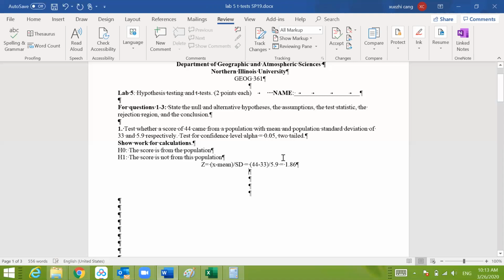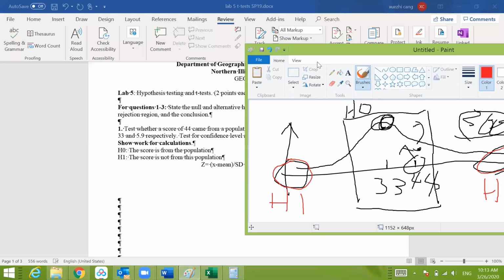Okay. Then we see what the confidence level alpha is. The alpha is 0.05. Okay, let's go back to our graph. What is the meaning of the alpha value?